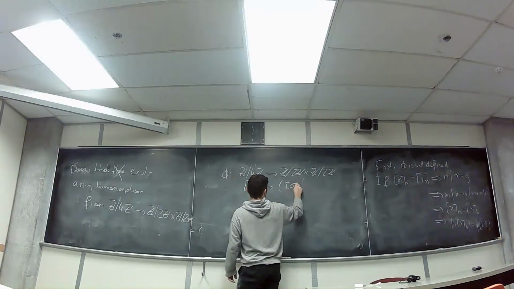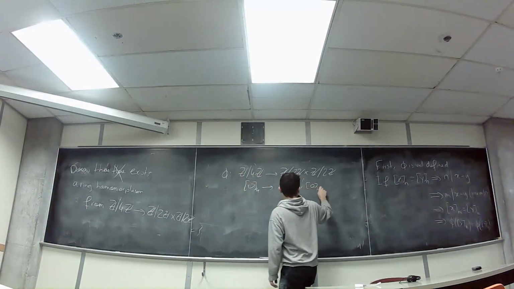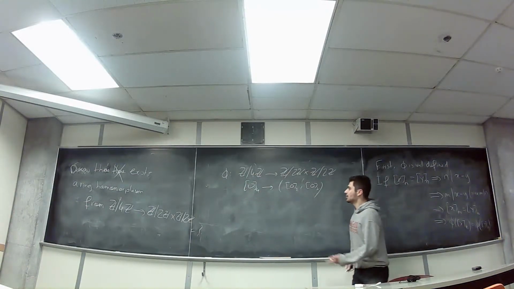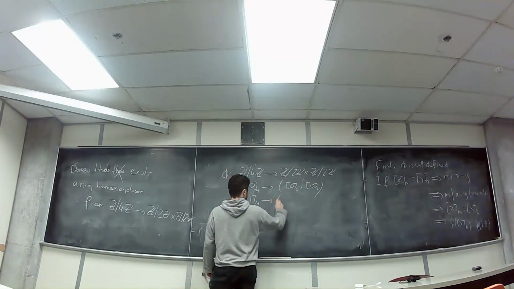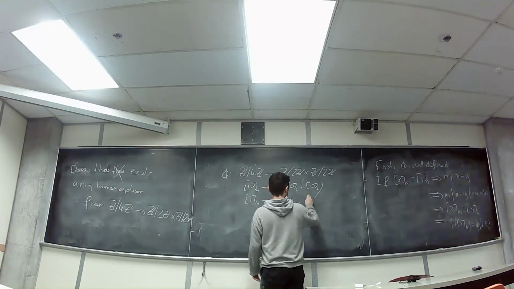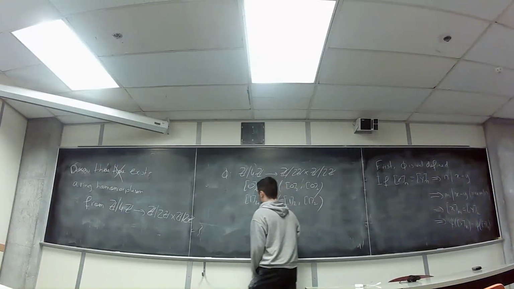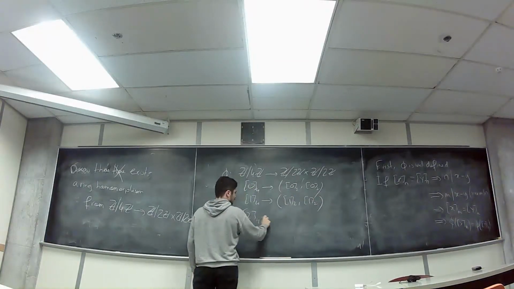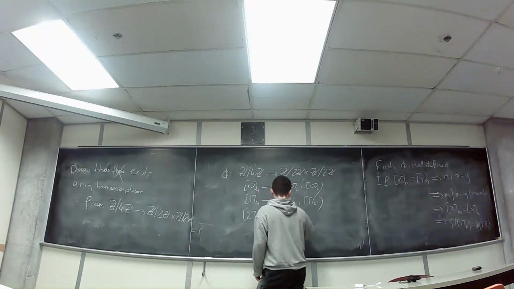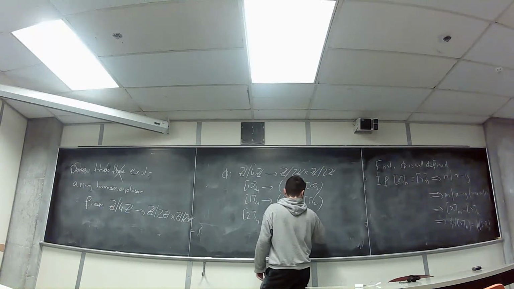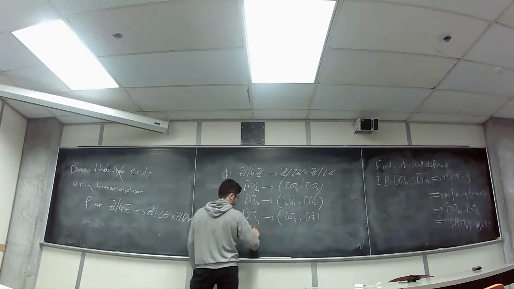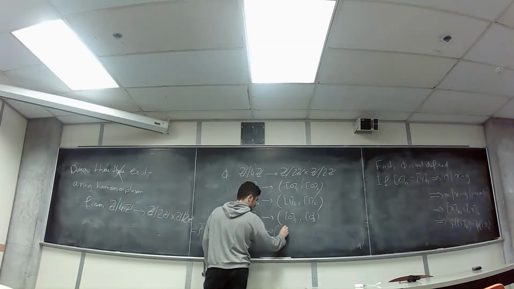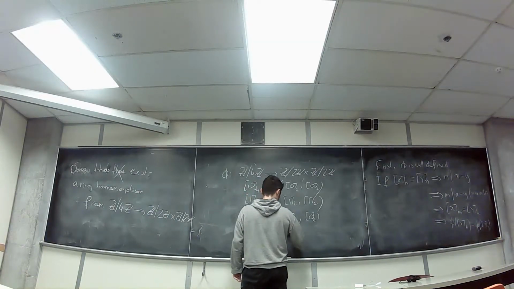It will go to 0 mod 2, 0 mod 2. Agreed? 1 mod 4, where would it go? 1 mod 2, 1 mod 2. 2 mod 4, 0 mod 2, 0 mod 2, because it's 1 plus 1, right? And 3 mod 4, we just go to 1 mod 2.